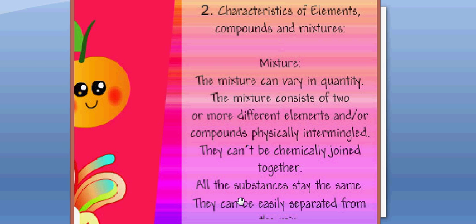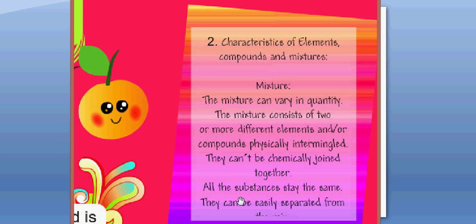They are just physically together, not chemically joined together. They can be physically separated by physical methods, but they are not chemically combined. So there is no chemical combination between the elements or compounds in the mixture.